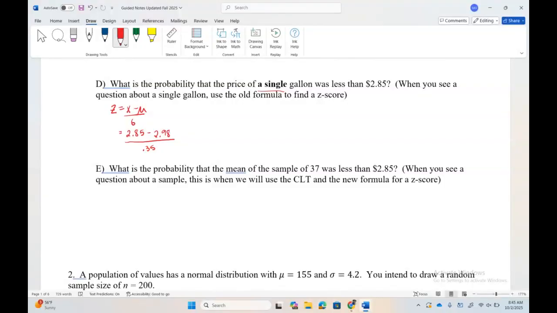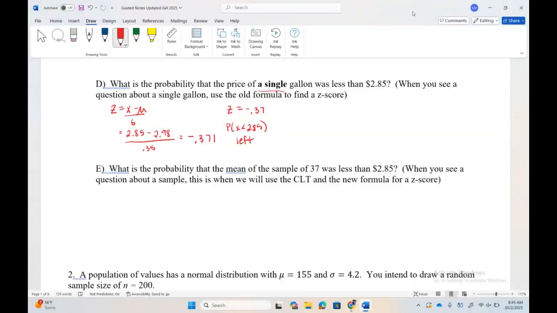All right, so when I subtract these, let me just double check my math here. Okay, so we will get negative 0.371. So I'm going to say my z-score is negative 0.37. And I want to know the probability of x being less than 2.85. So I'm finding the area to the left of this particular z-score.